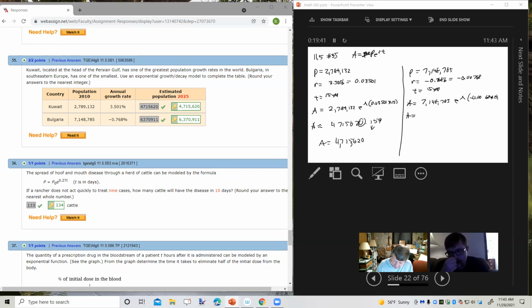And let's see, 7,148,785 e to the negative 0.0068. I left out a 7 here. My bad, right there. Let's try that again. I left a space there, but this number needs to go there.